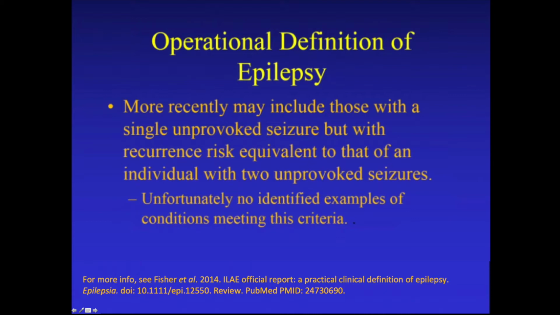But even so, there are very few situations identified thus far to push people over that 60% risk level. I personally look forward to seeing studies which might help identify such things.